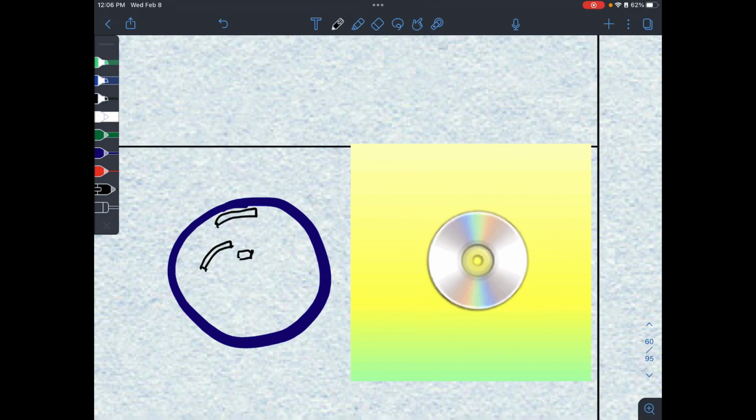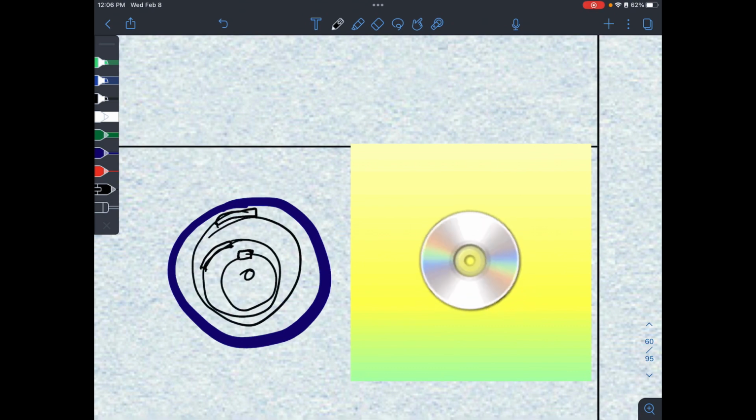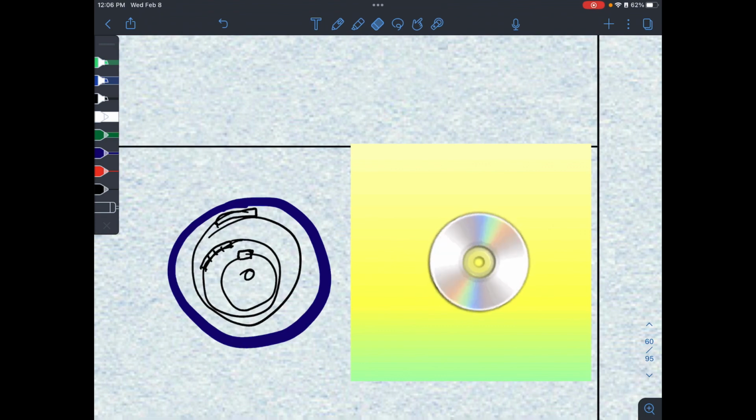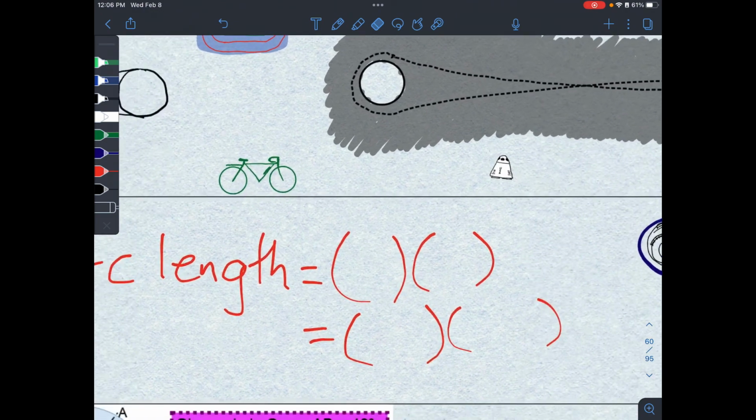The inner ones have shorter. Because they're all part of an arc that's revolving around a circle, and the further you go out, those arcs increase. So that's how you store information on a disk. And that's why disks aren't all that popular anymore. Too much spinning. All right.